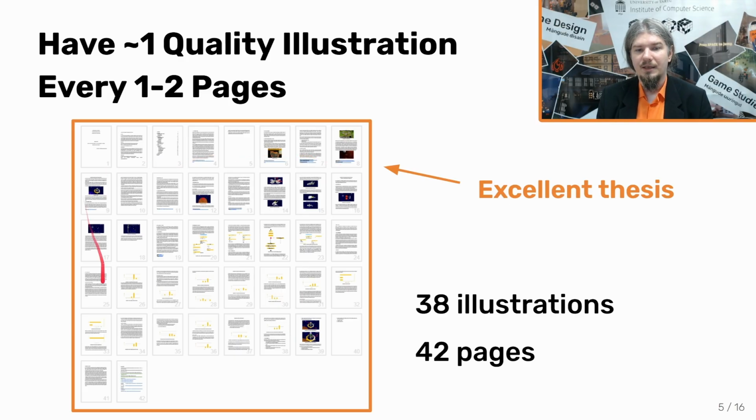We can get a pretty good story about what this thesis is about by already looking at the pictures. You can see that almost every page has 1 or 2 or maybe some have 3 illustrations. Of course, there are also pages that don't have any. But generally speaking, we have almost the same number of figures or illustrations as we have pages.